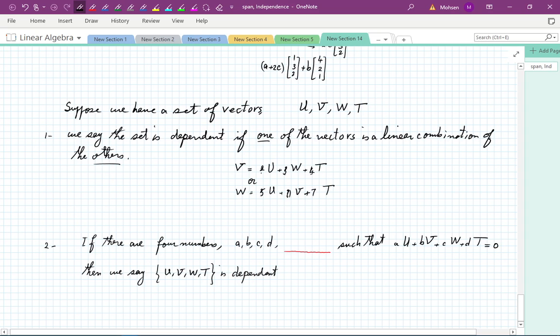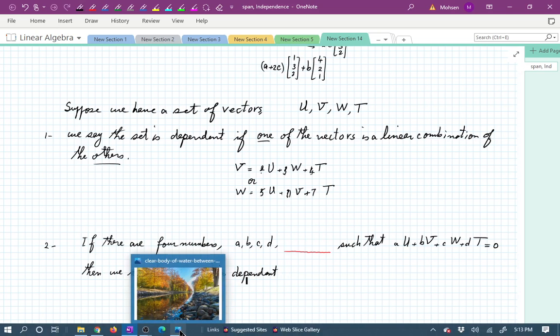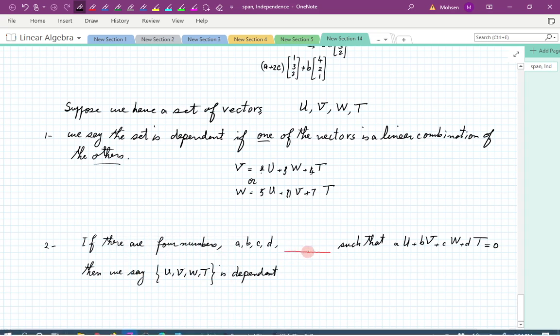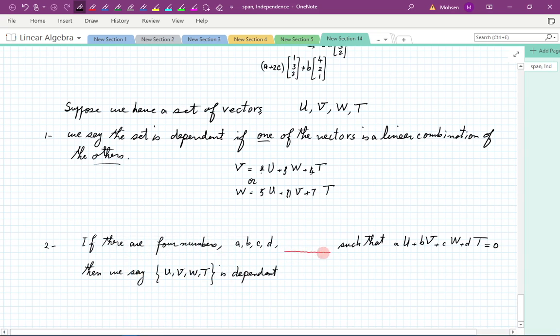So again, let me see if I can prompt you to help me here. I need to put a little bit of fine print here so that we don't go for the easiest answer, the so-called trivial answer.